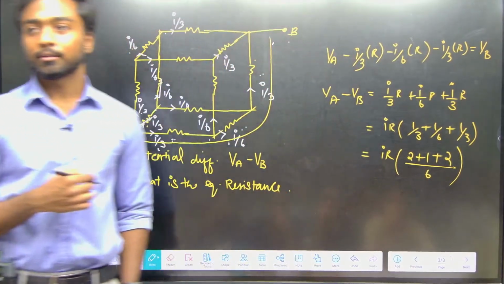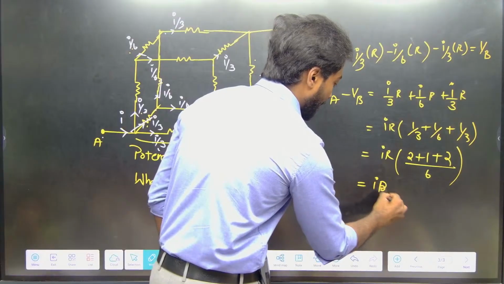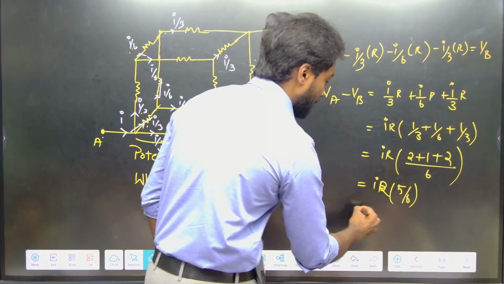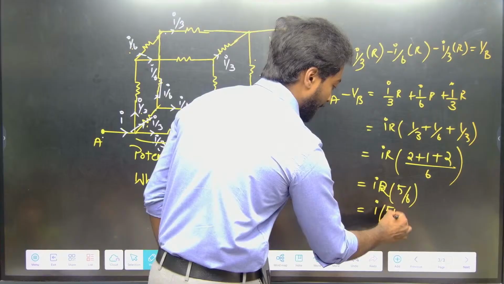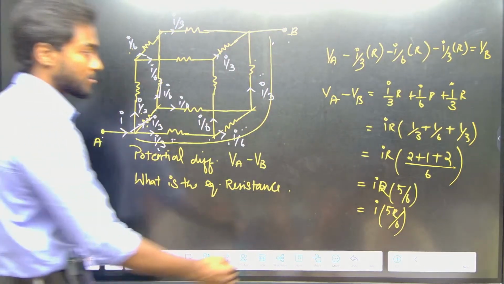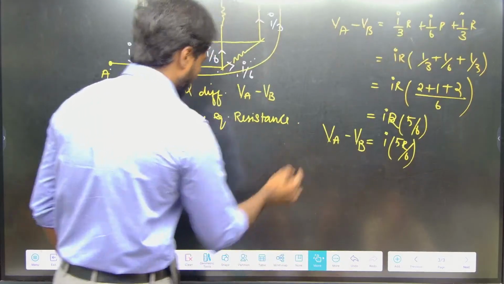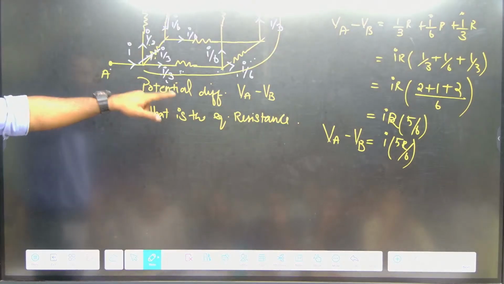Any doubt here? So which is nothing but IR into 5 by 6, which is nothing but I times 5R by 6. So this is my VA minus VB. So we got the first answer, VA minus VB.